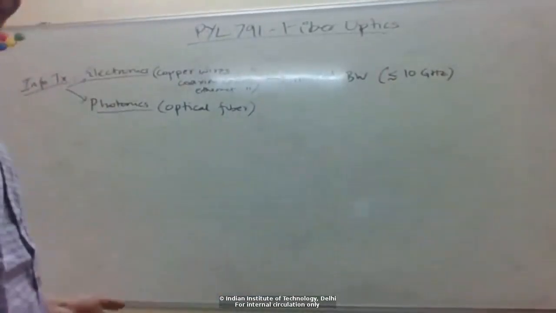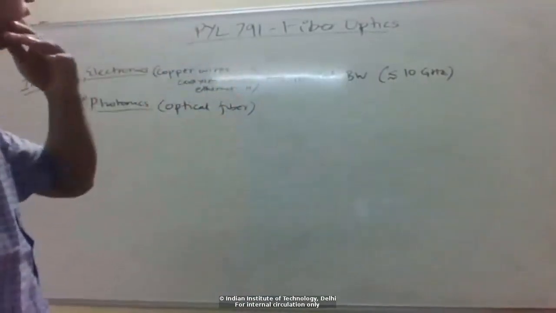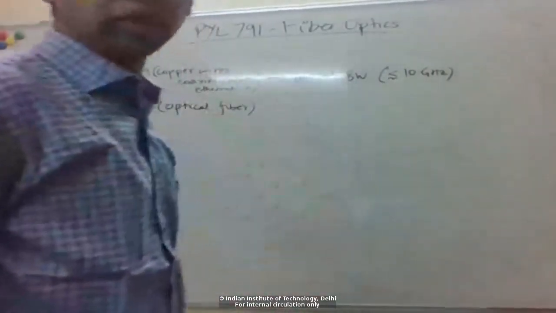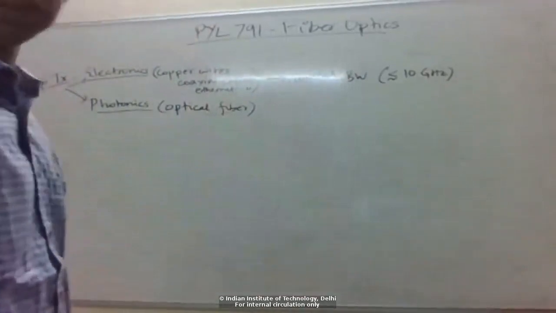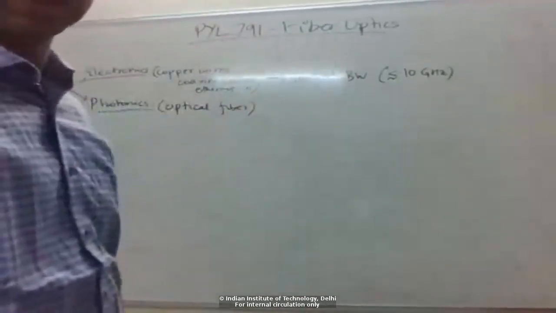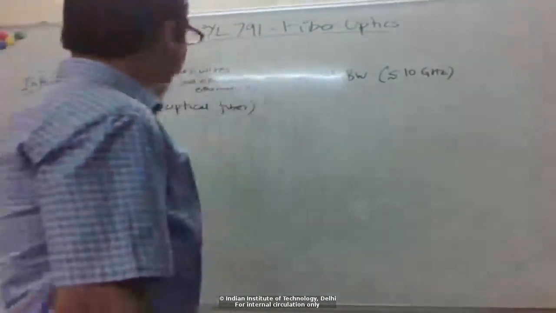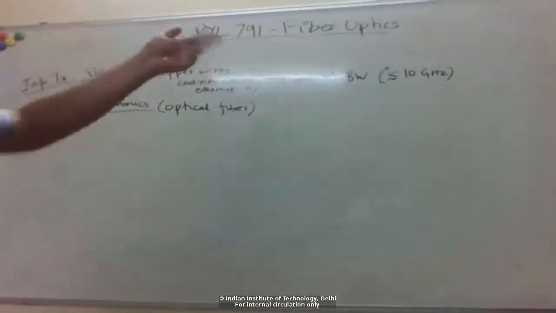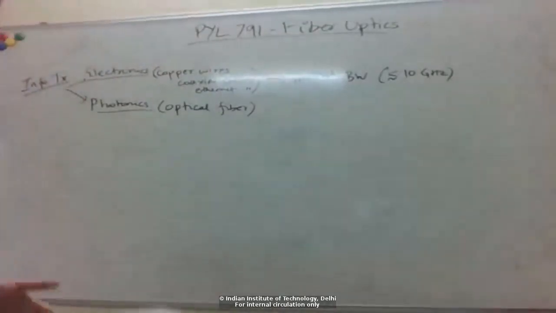And even your electronic components, if you take transistors, for example, they can't work faster than gigahertz frequencies. So you're limited to these speeds and bit rates if you work electronically, right?